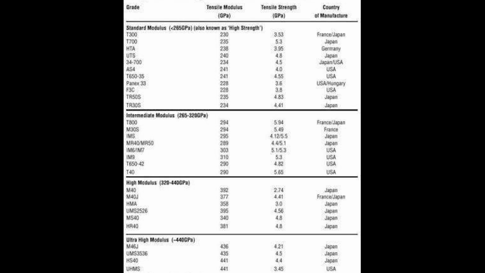And then over this we come to intermediate modulus fibers that are both stronger and stiffer, and the next group over that is high modulus fibers, and then we are back at around the same strength but way higher stiffness. But here we start getting more brittle fibers.